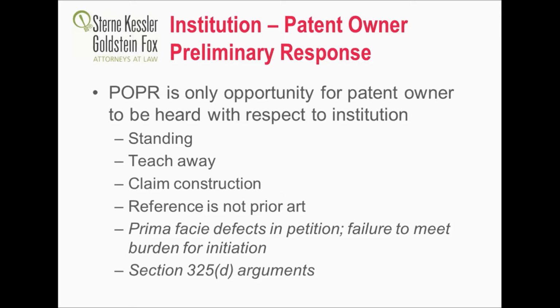And if it has, the board can take that into account when instituting a trial. So on the flip side, petitioners should take heed of each of these when crafting petitions. Unless Lori has something to add to that, I'll turn it over to her, and she'll talk about joinder.